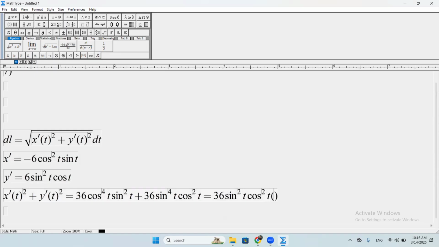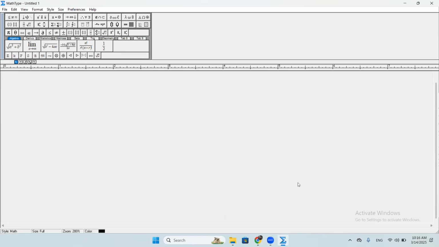In this case, cosine squared of t plus sine squared of t. So the result will be 36 sine squared of t by cosine squared of t.